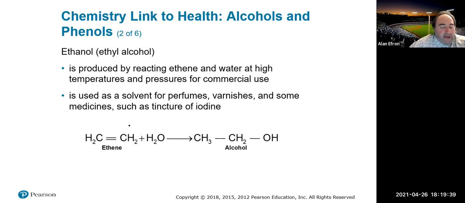This is again the reaction that we just saw earlier. The double bond becomes a single bond, we add an H and an OH, and we make that ethanol in this particular case from ethene, which is basically from ethane, right? So ethene, adding water through this hydration, makes an alcohol, which is ethanol.